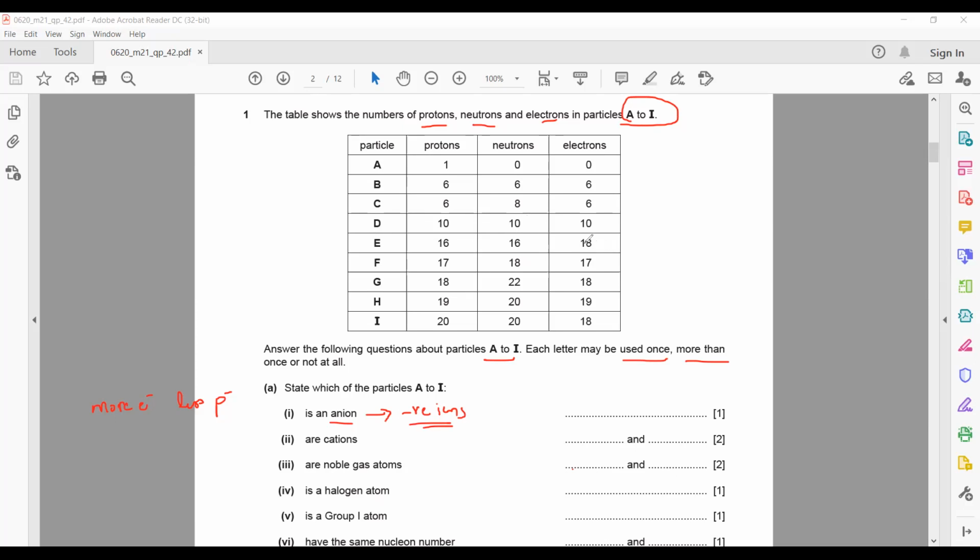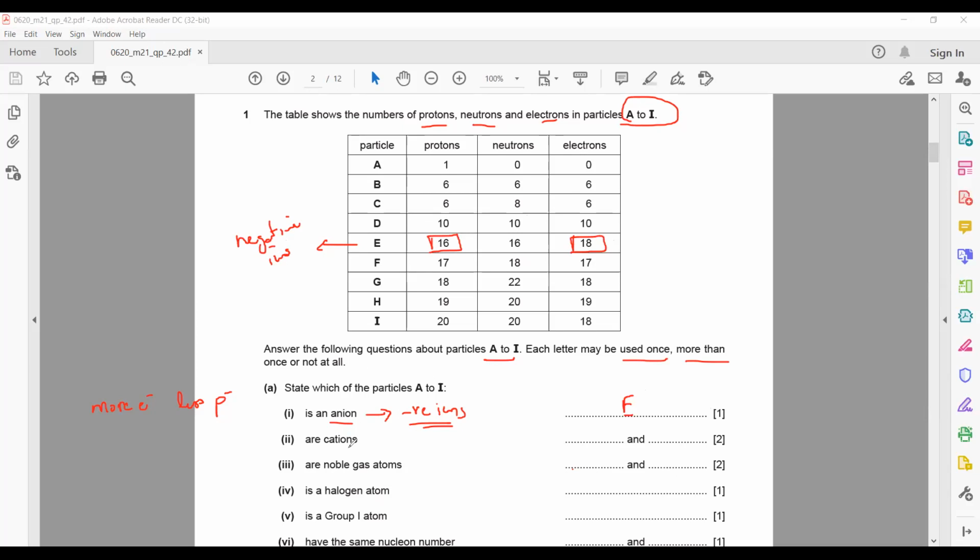When you check, E has more electrons and fewer protons. So E will be a negative ion, and negative ions are known as anion. So we'll use letter E for this.